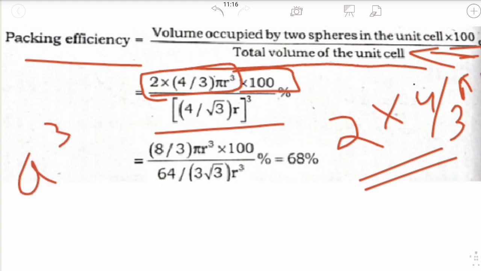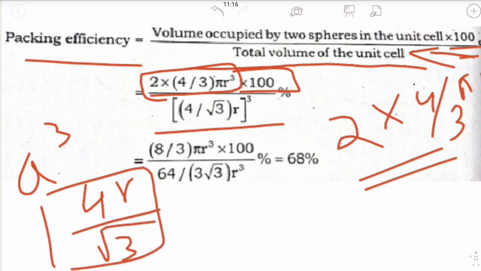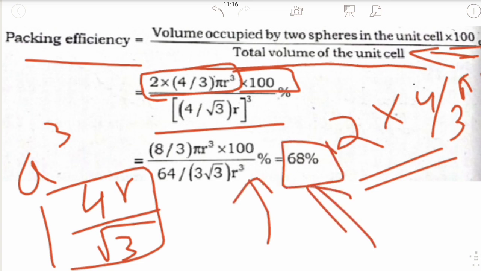The value of a is 4R by root 3, so a cube is 4R by root 3 the whole cube. By solving, we get 68%. 68% is the packing efficiency of the body centered cubic structure.